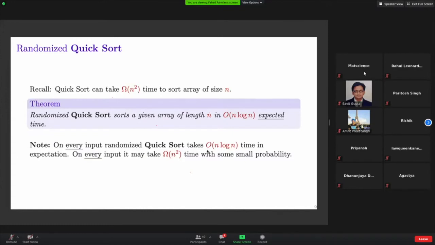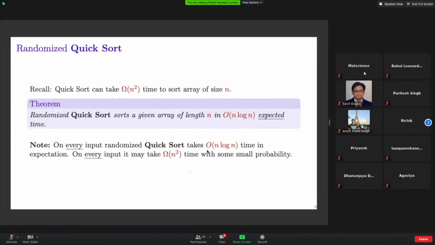So this running time is decided by the random bits, the randomly chosen pivot, and the outcome of that random process. If you take the average over those random bits, you are going to get order n log n.